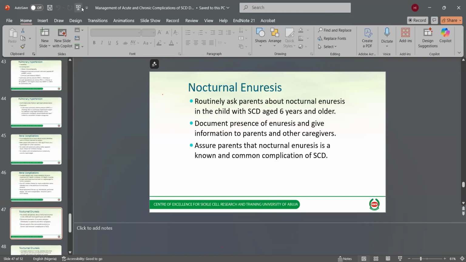Assure patients that nocturnal enuresis is a known and common complication of sickle cell disease. In fact, quite a number of patients have this, even patients without sickle cell disease. So it will be important to assure the patient that it can occur, and with time, it may reduce.